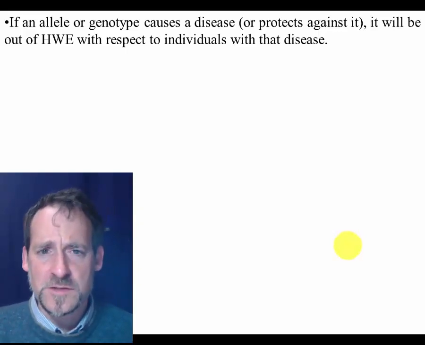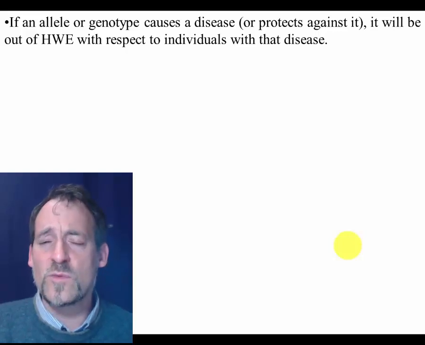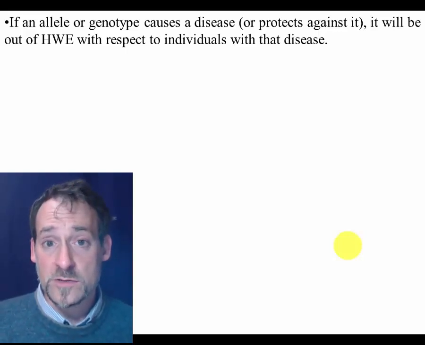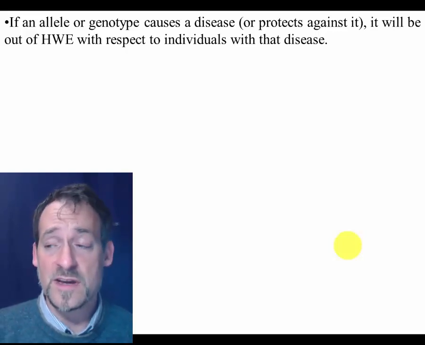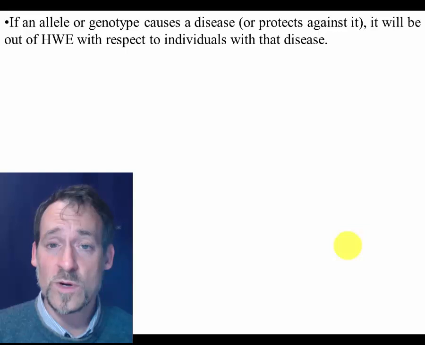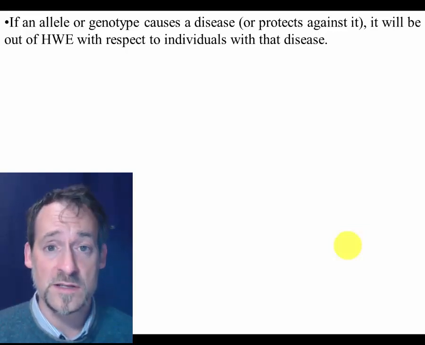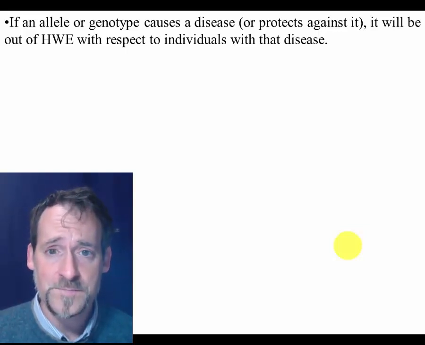However, it's selection that Hardy-Weinberg equilibrium can really be used to look for. There are a lot of studies that have done essentially what you did in the case study about the Kuru epidemic.